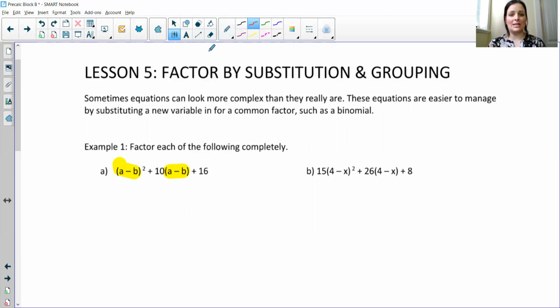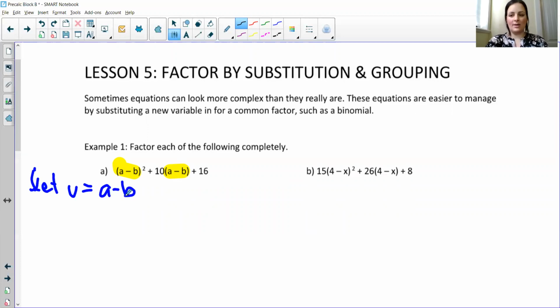So what we do instead is we just make a statement and we say let x equal A minus B. Now I picked X this time because I feel like using it, but I could use U. In fact, I'm going to do that. I'm going to let U equal A minus B. Again, you could use X, you could use anything you want to.